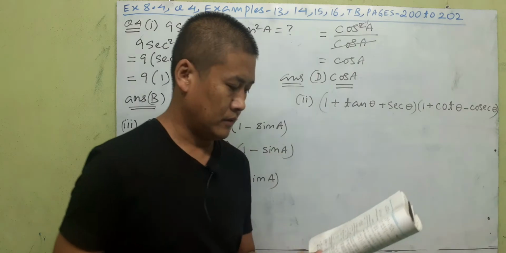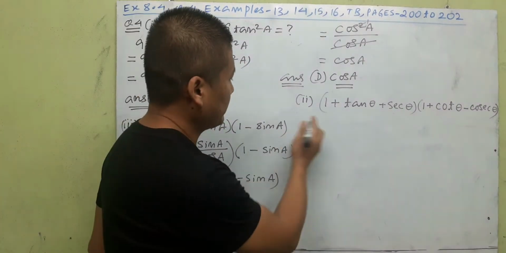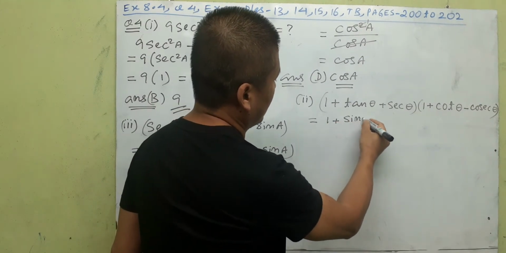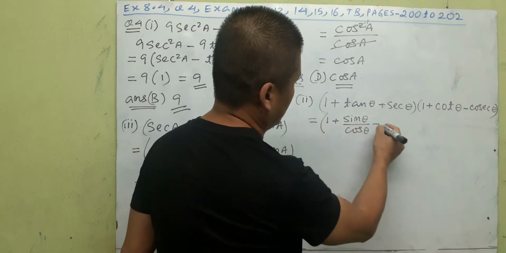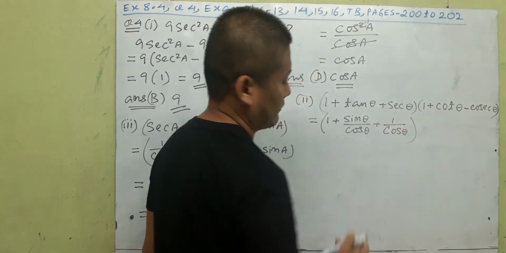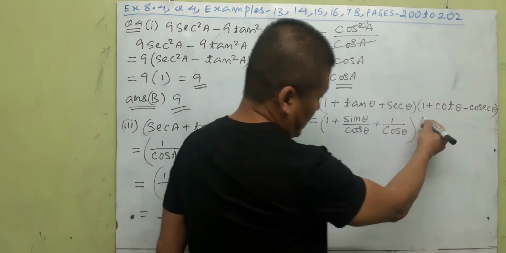So this is equal to what? We are going to have to find out this one. Like we did for number 3, let us change everything to sine and cos. Tan theta can be changed to sine theta by cos theta, plus sec theta can be changed to 1 by cos theta, right?